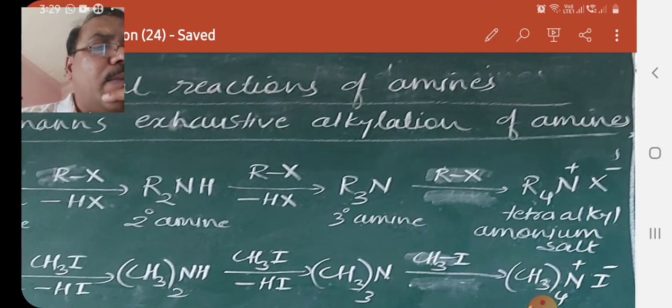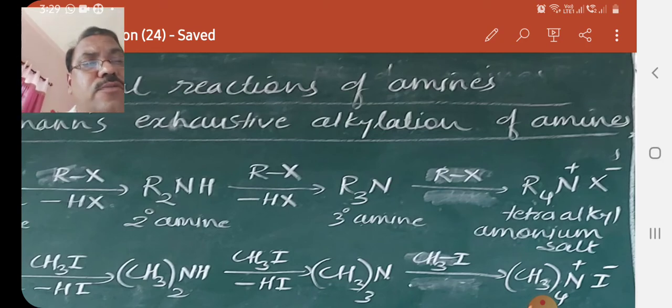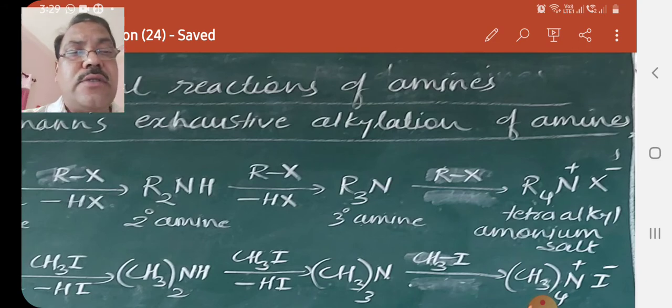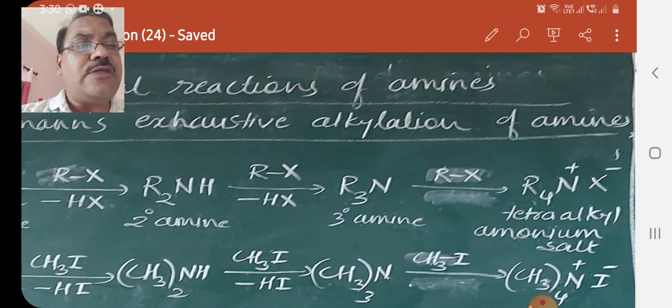This is called quaternary ammonium salt. The question might be asked, what are quaternary ammonium salts? The answer is, the tetraalkyl ammonium salt is called quaternary ammonium salt, in which nitrogen is attached to four same or different alkyl groups.